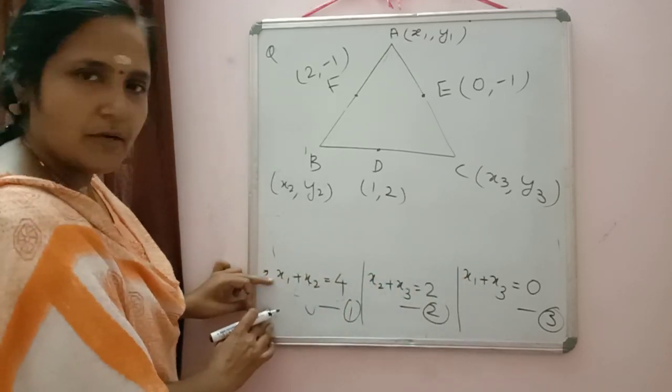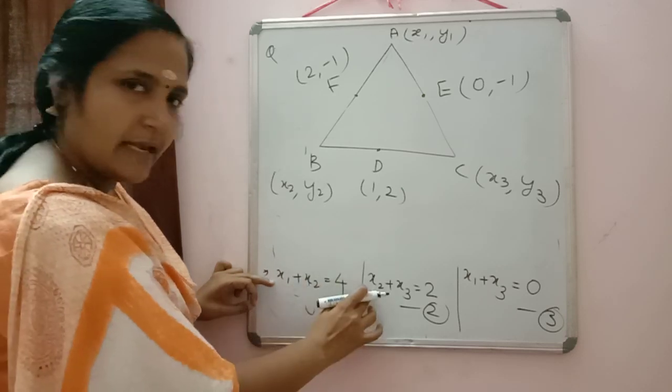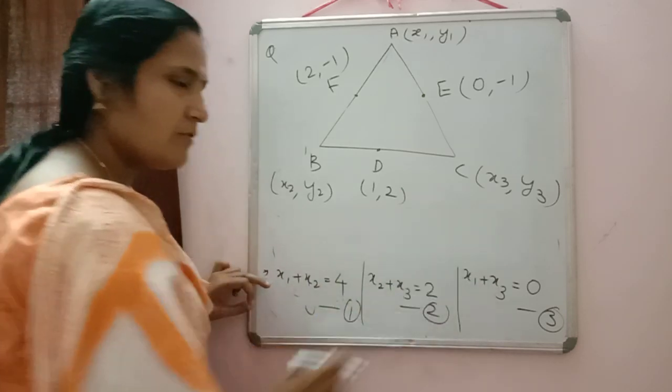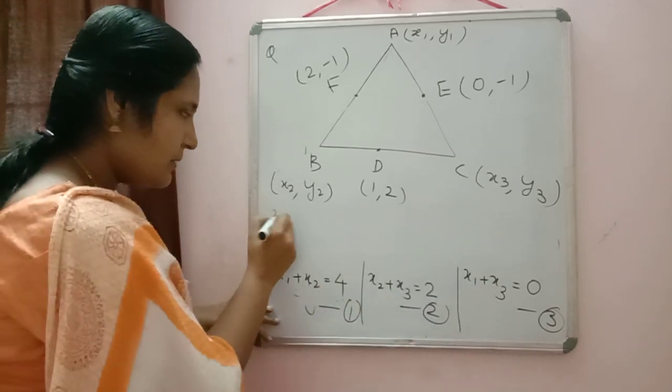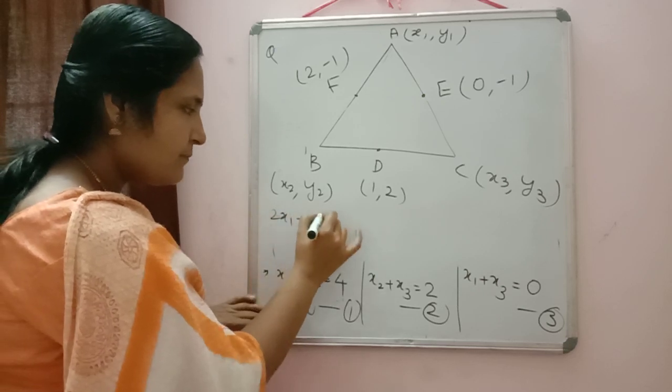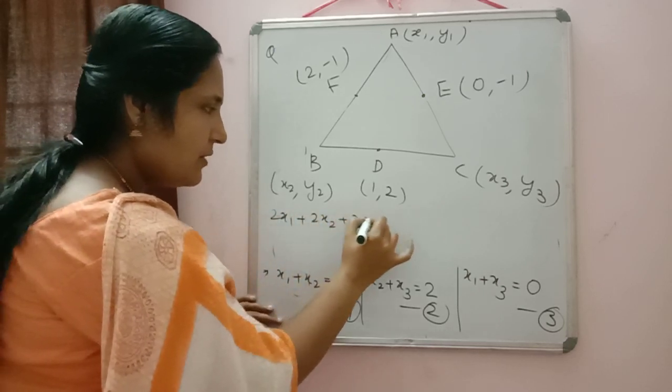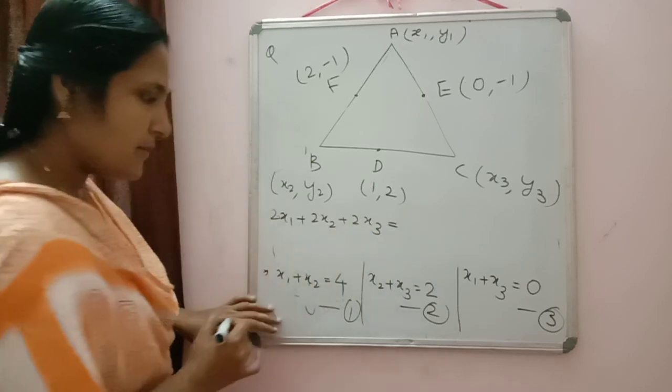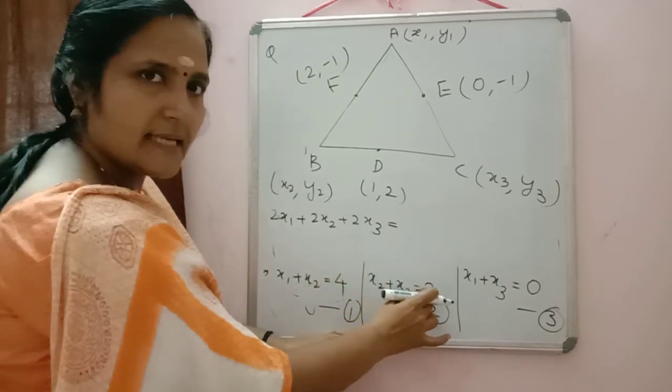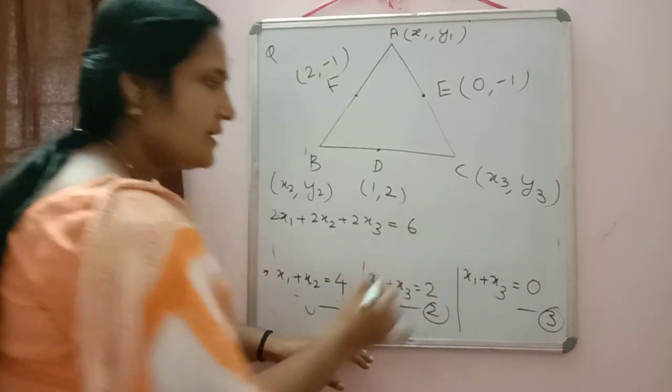So that will be equal to 2x1. x2 again we have 2 times and x3 also we have 2 times. So it will be equal to 2x1 plus 2x2 plus 2x3 is equal to 4 plus 2, 6, and 6 plus 0 is 6.